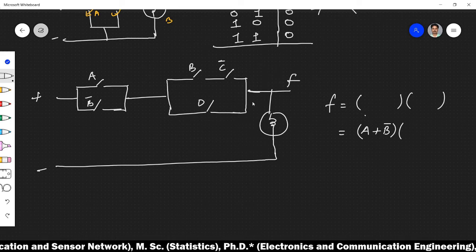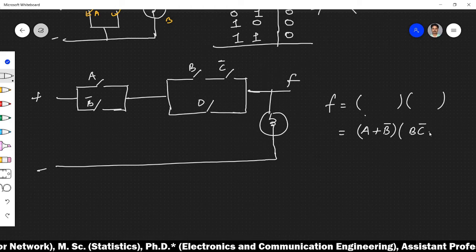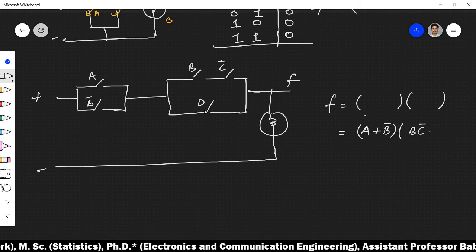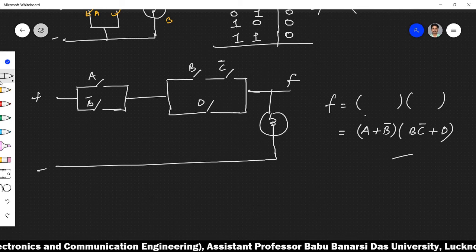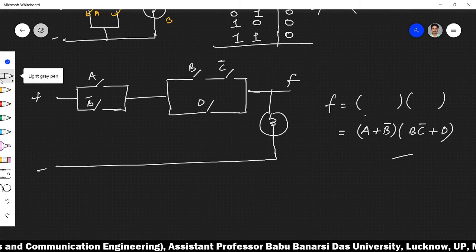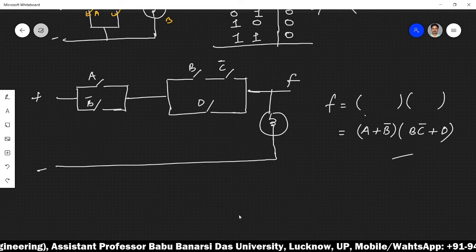So we write A B C bar, and this AND is connected to D. The two branches are combined with an OR operation. In this manner, this is the first type of writing the function F for the glow of this bulb.